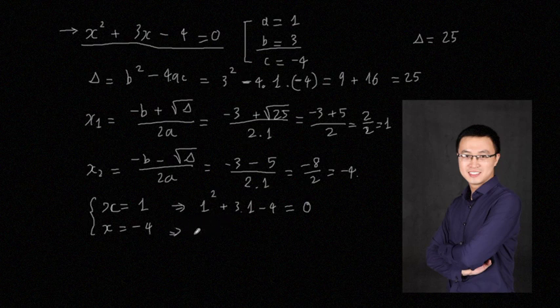Negative 4 squared, you get 16, plus 3 times negative 4, which is minus 12, and minus 4, and of course you can easily get the value 0. So that's why we find the second solution for x is negative 4.